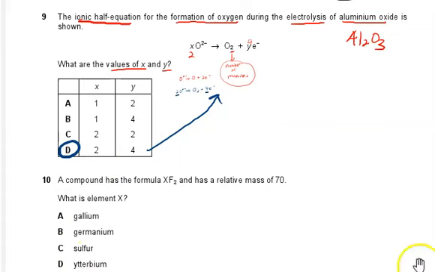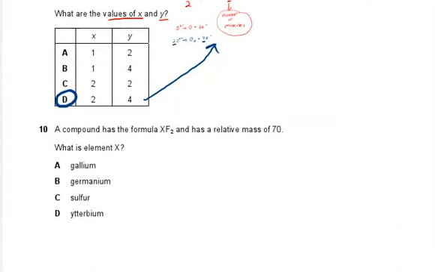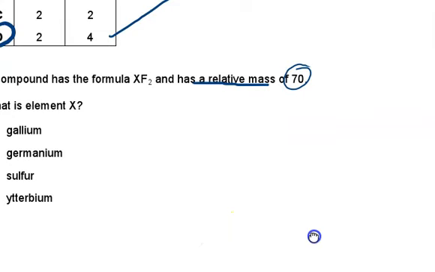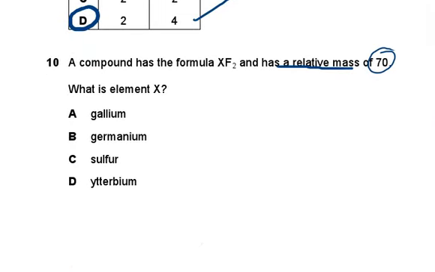Now let us look at number 10. A compound that has a formula of XF2 and has a relative mass of 70. What is the element X? So for fluorine, it is 19.